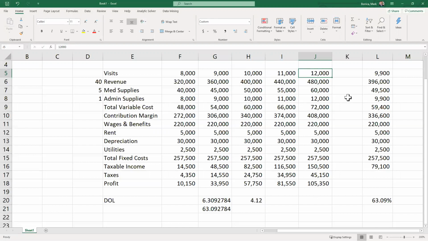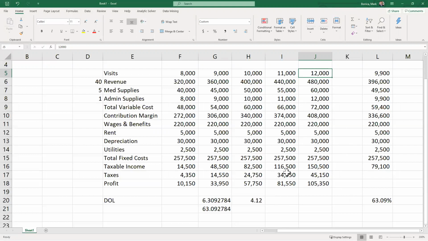So as we move to a larger number of visits as our base case, we're going to be less and less sensitive to a small percent change in volume.